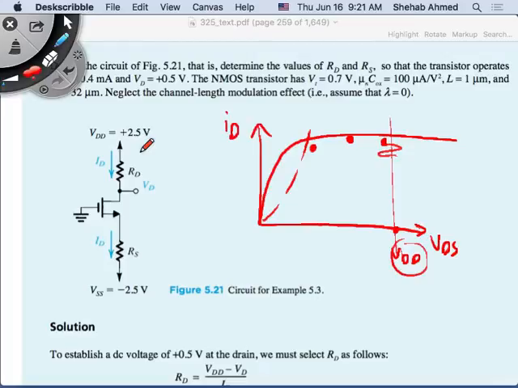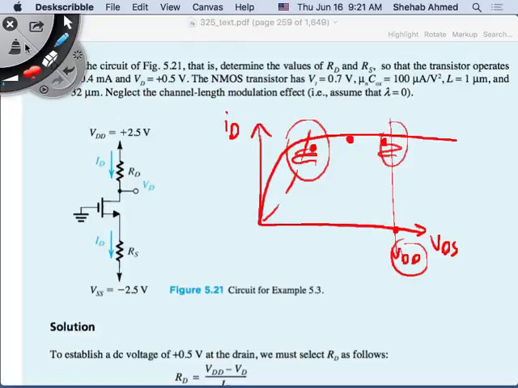Do you put it here? Then you're also limited. If your signal is too large, it will get into the triode region, and you are no longer in saturation. If you're no longer in saturation, you cannot use the model for the voltage controlled current source. So the best place to put it is away from this region, somewhere in the middle.